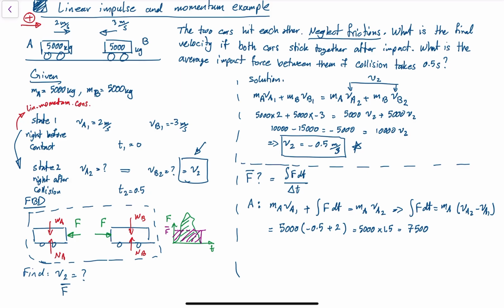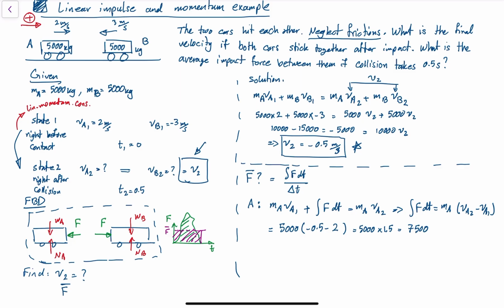Let me double check. Why am I getting a positive value? Let me just check. It should be negative. Oh, this has to be a negative number. Okay, this is minus 2.